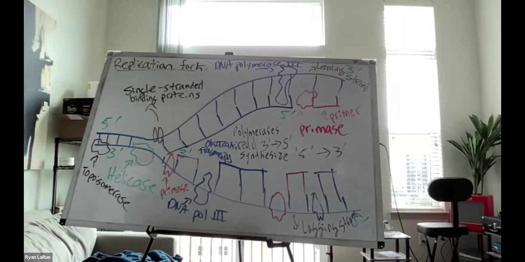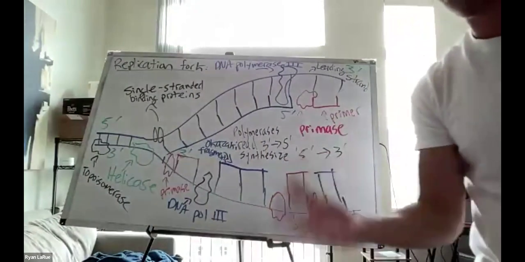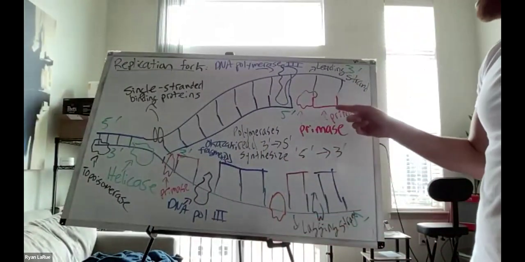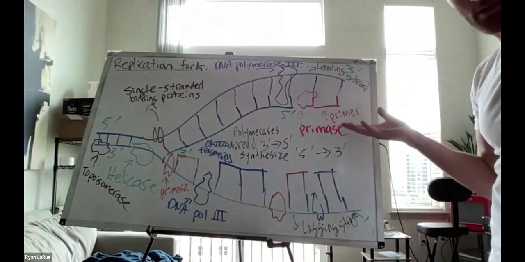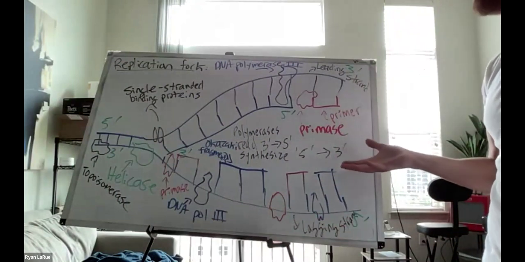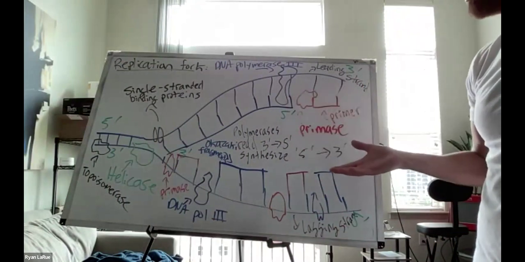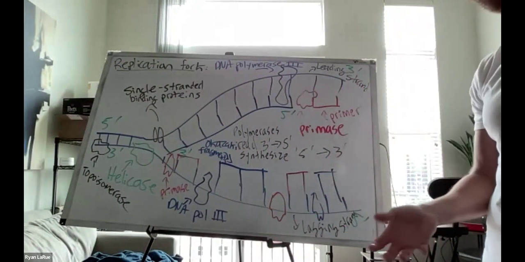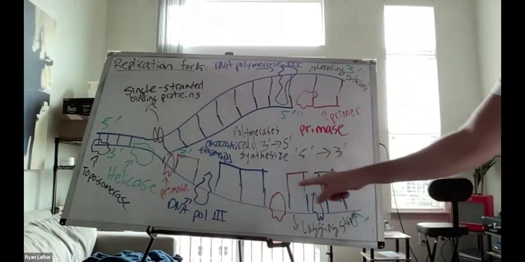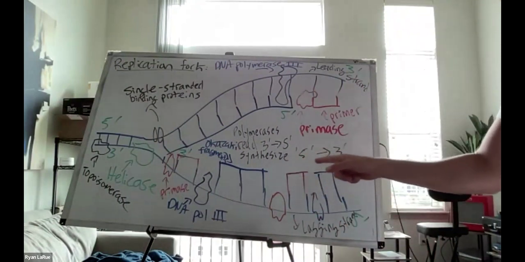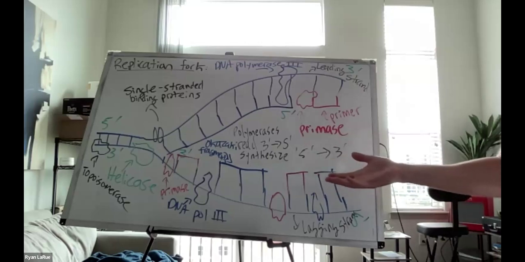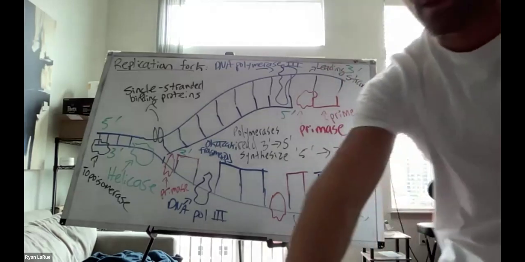So there's really just 2 more enzymes that play a key role in this, and I'm sure you can guess what it might be doing, or at least one of them. We can't leave RNA in a DNA molecule. We need to have identical DNA molecules at the end of this, right? And so there's actually another DNA polymerase whose role is to take out the RNA primers and replace them with DNA.